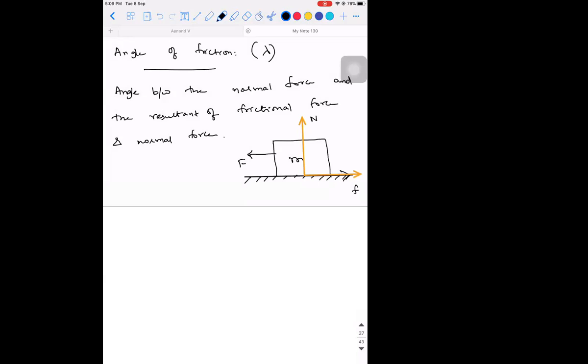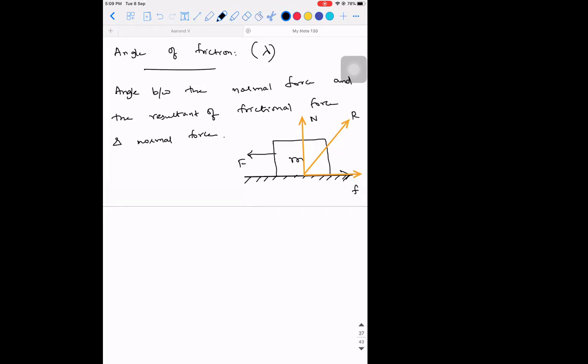So how will the resultant of normal force and the frictional force be? When you apply the parallelogram law of vectors, the resultant will be somewhere like this, right? I'm calling this R. R means don't get confused with reaction force.